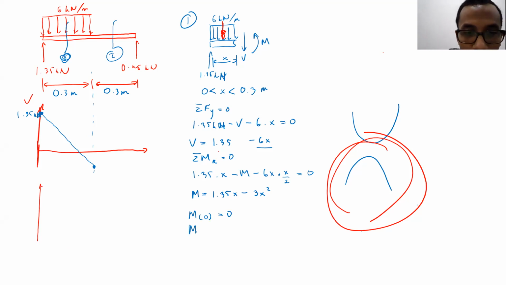Then at x equal to 0.3, what is the value of the moment? It will be 1.35 times 0.3, which is 0.4. Use your calculator. Don't forget to bring your calculator. Don't use your phone.